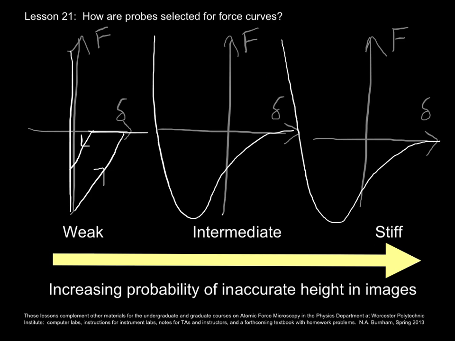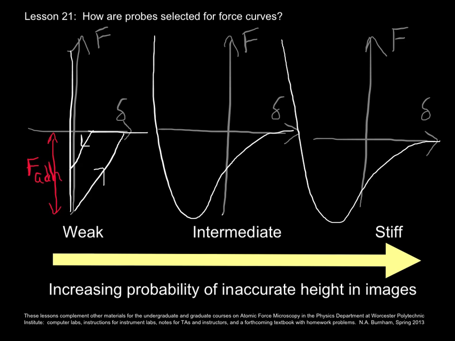Concerning your choice of cantilever stiffness then, for force curves, if all you want to do is measure the adhesion between the tip and the sample, then it's better to stick with a weak cantilever. A weak cantilever is less likely to damage the tip or the sample.